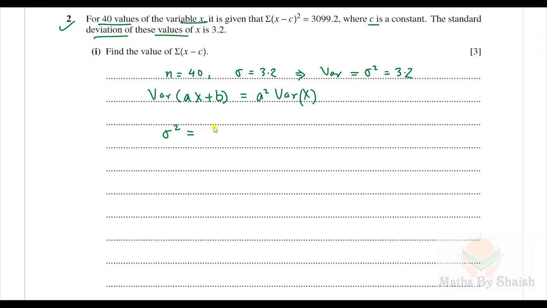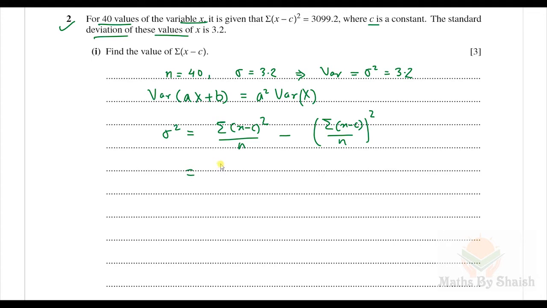And variance of x minus c is going to be summation of x minus c whole square upon n minus the mean square, that is square of summation of x minus c over n whole square.